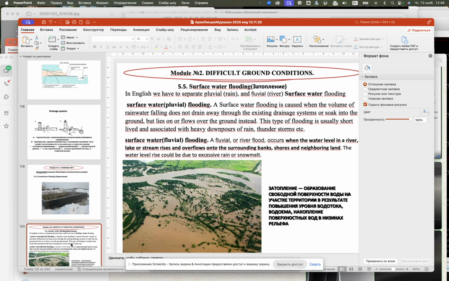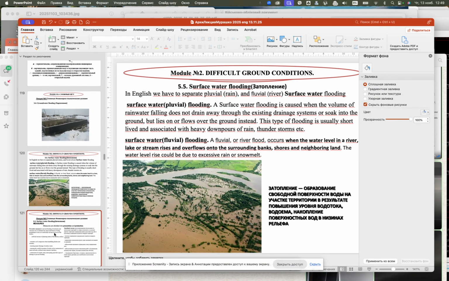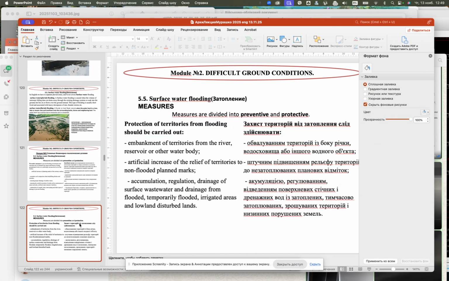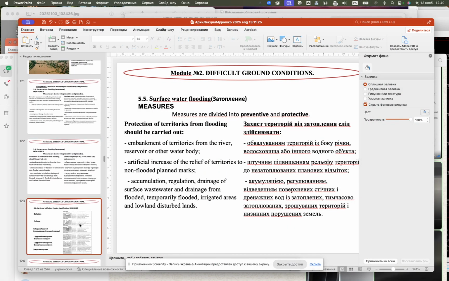There are two types: pluvial, which is connected with rain, and fluvial, which is connected with a river or lakes or something like that. And the best solution is artificial increase of planning marks, compaction, drainage, and other solutions which can protect our building from the impact of above-ground waters.